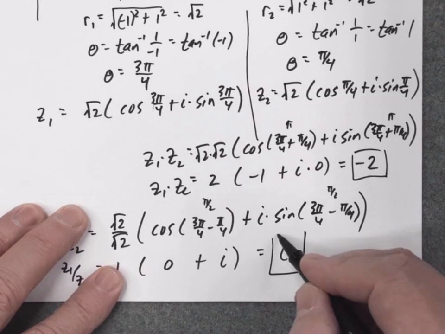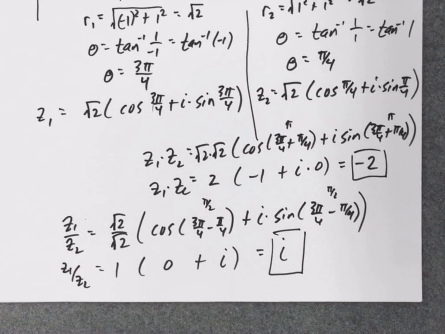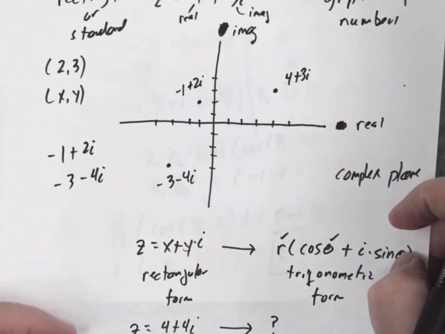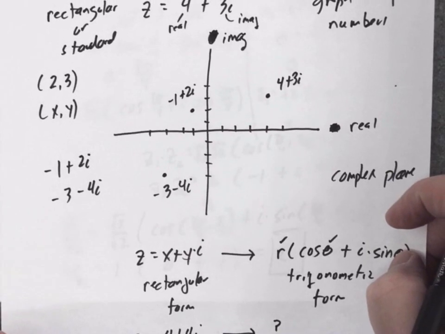All right. So that's pretty much what we're doing with complex numbers in our trigonometry class. Just a quick review. We can plot complex numbers. That was pretty easy to understand, plotting complex numbers.